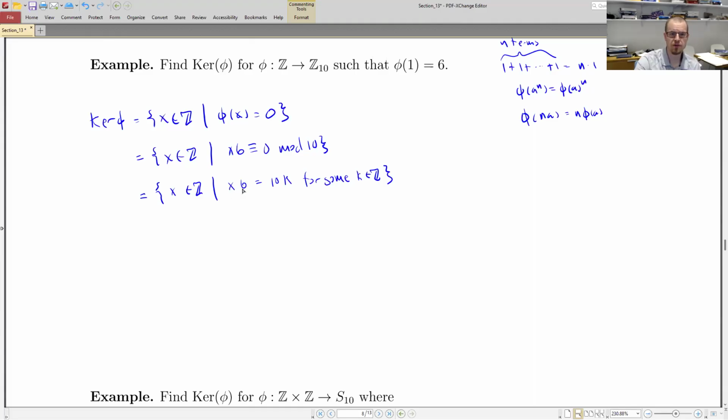Now notice that these both have a common factor of 2. So we're looking for integers such that 3 times that integer is equal to 5 times something.